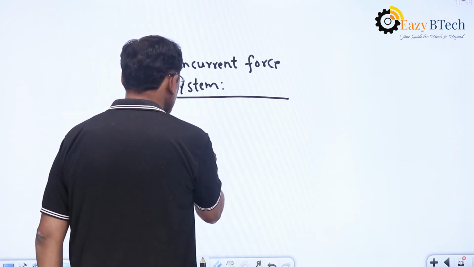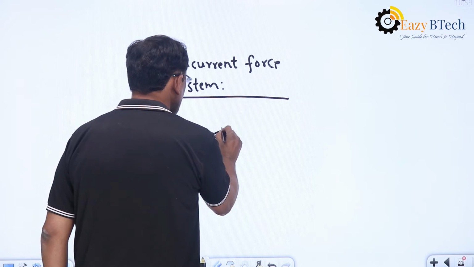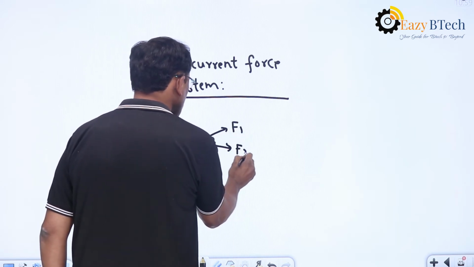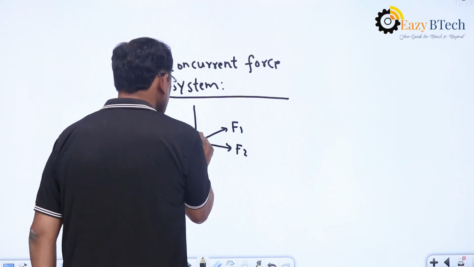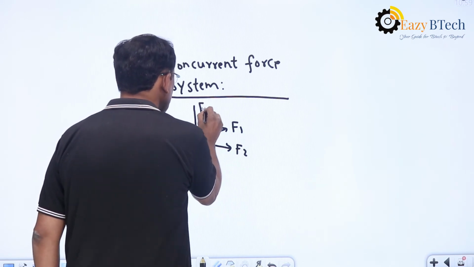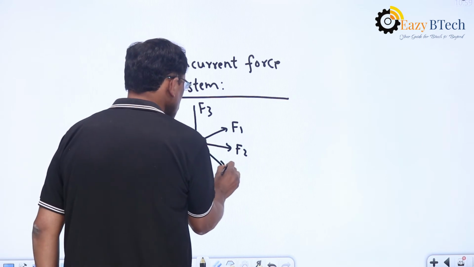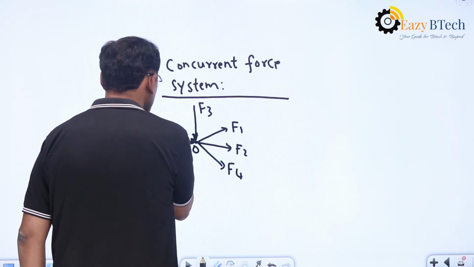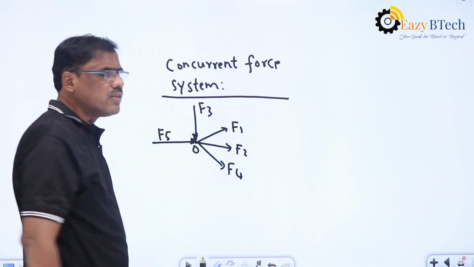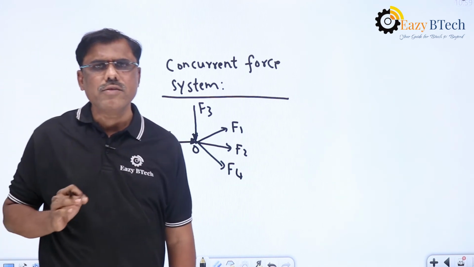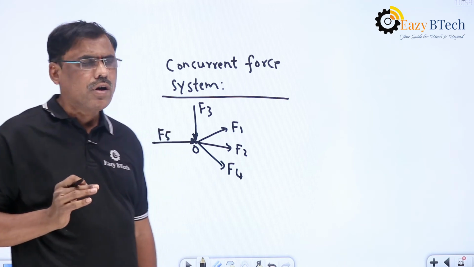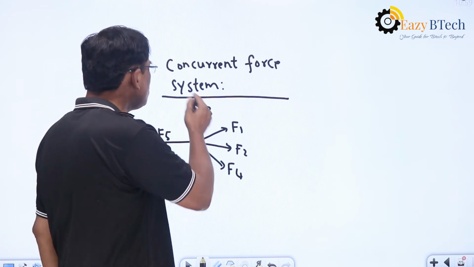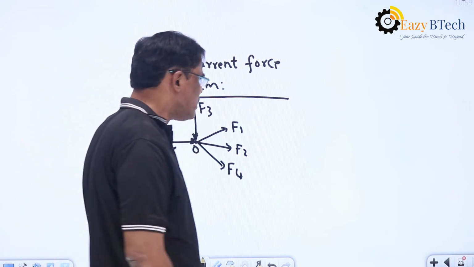For example, if this is a point O, let us say this is F1 and this one is some F2 and one more force is acting in this direction, let us say this is F3 and this one is F4 and this force is F5. If you look at this diagram, F1, F2, F3, F4, F5 are meeting at one point. Then this is said to be concurrent force system.